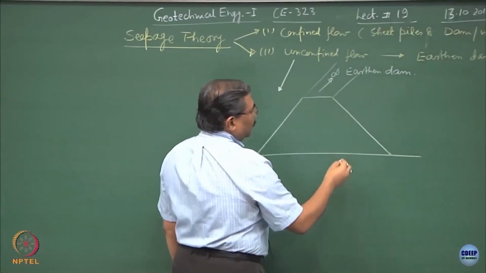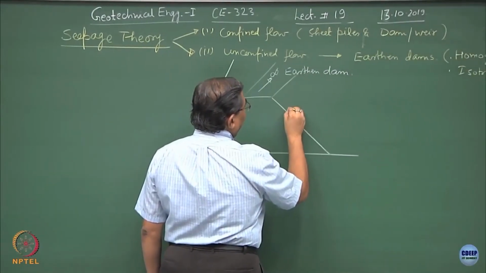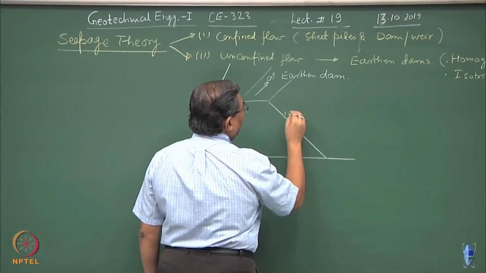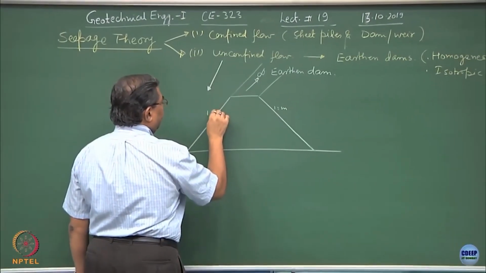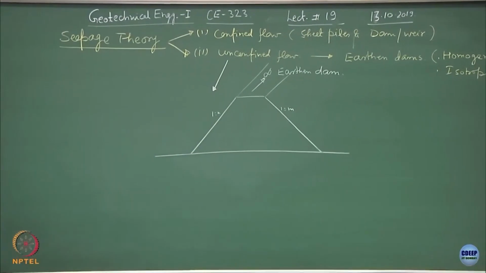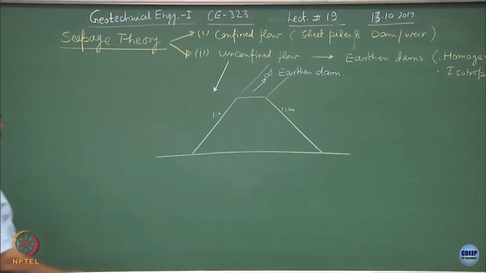Normally we define the slopes as 1:m and 1:n, where 1 is vertical and n is horizontal.